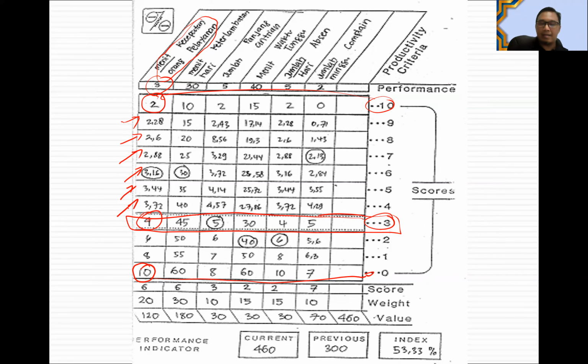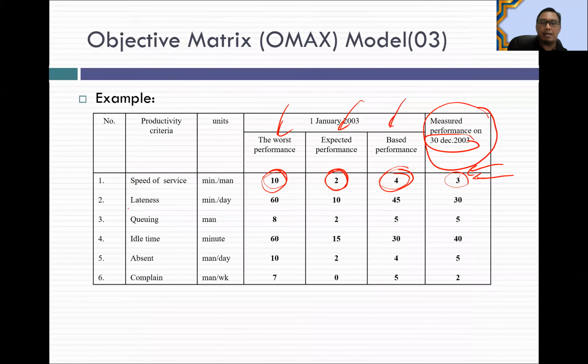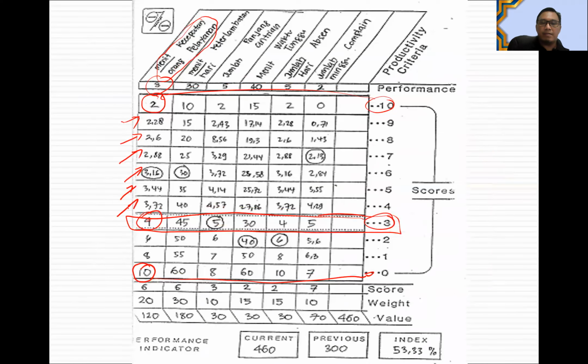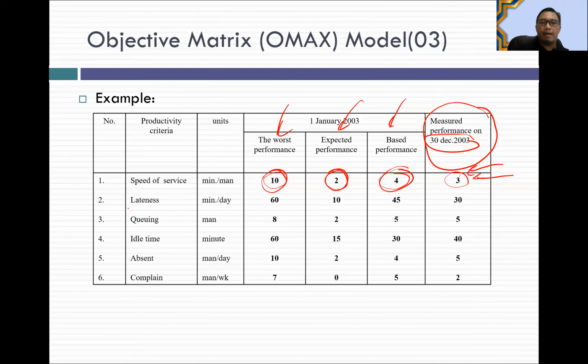Let's get another example. All right, so please check, maybe we find the easy score, on the productivity criteria number 2, which is lateness. So expected performance is 10. And then the worst performance is 60, and the best performance is 45.